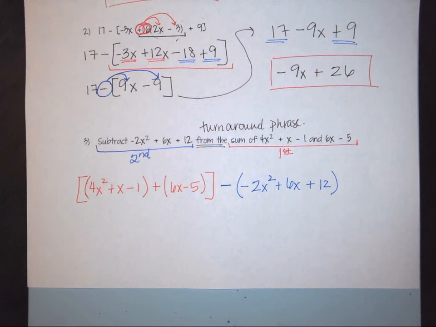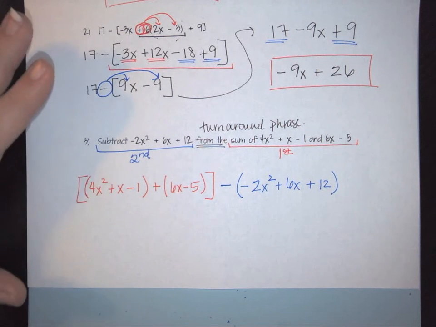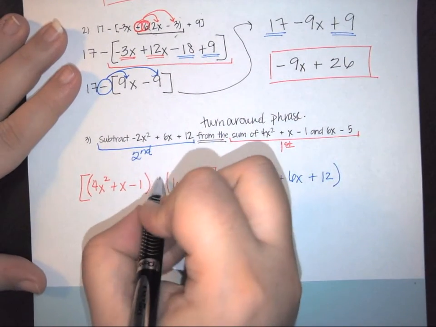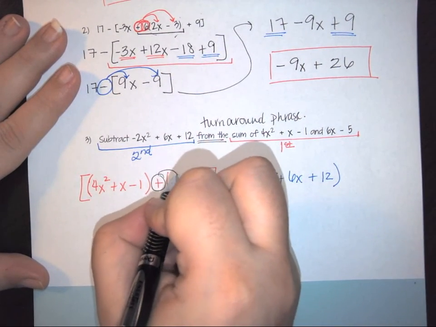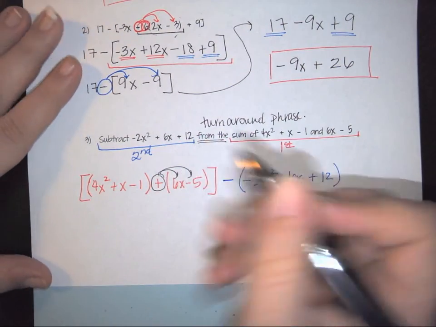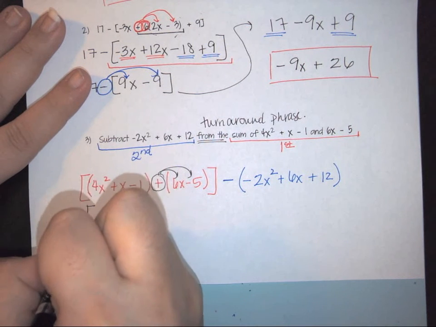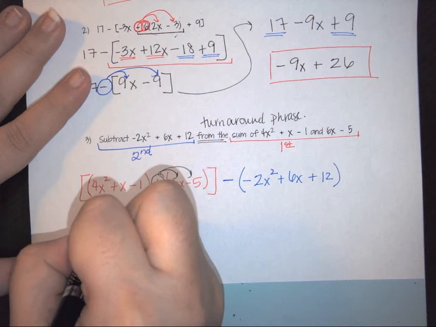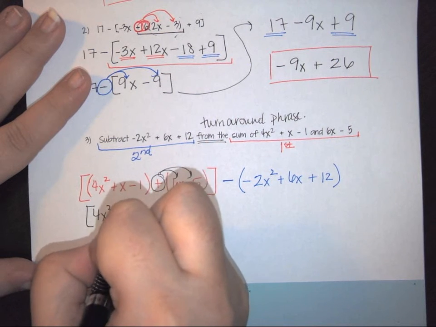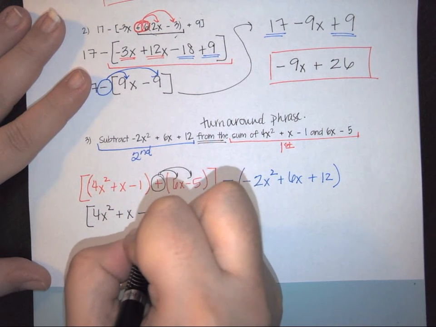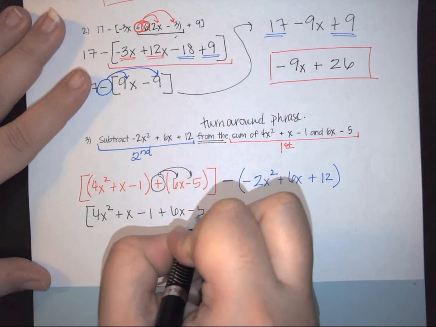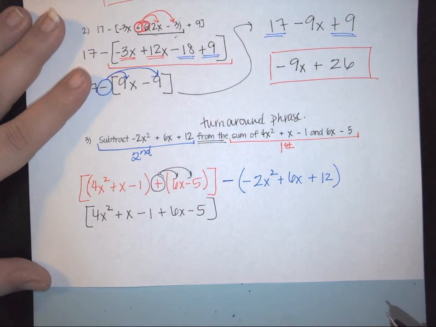So now that I've rewritten my sentence in the form of math, I can go ahead and start working it. First, I've got to distribute this positive through my brackets here, which means I can drop everything. So my bracket becomes 4x squared plus an x minus 1 plus a 6x minus 5, and close it.